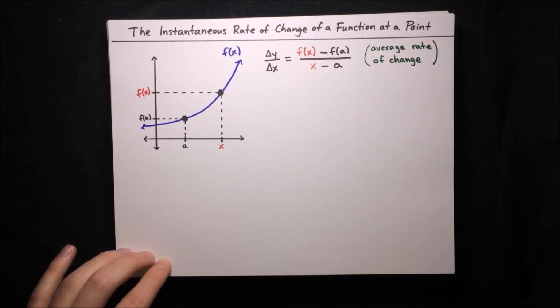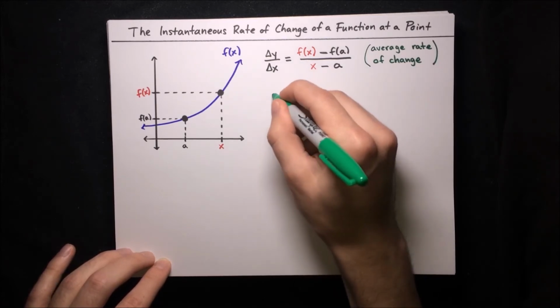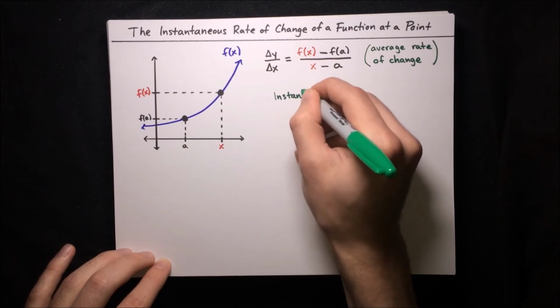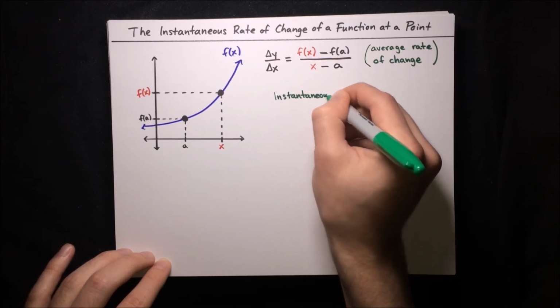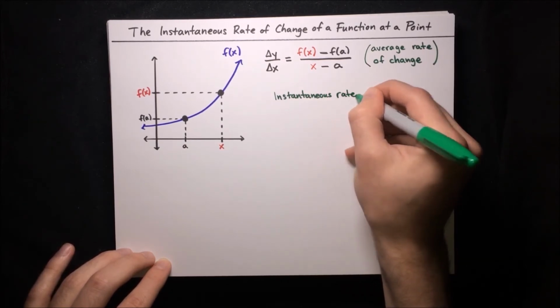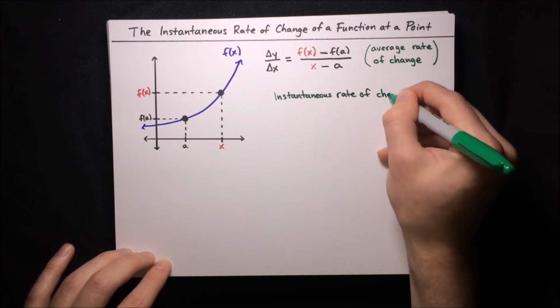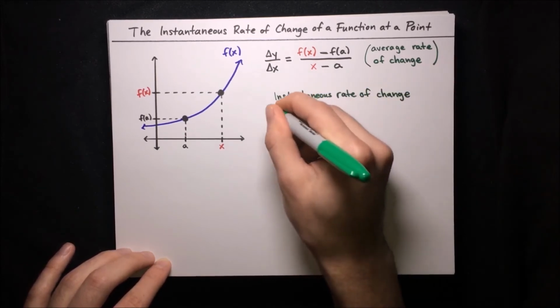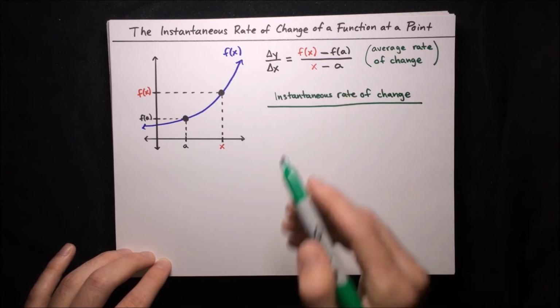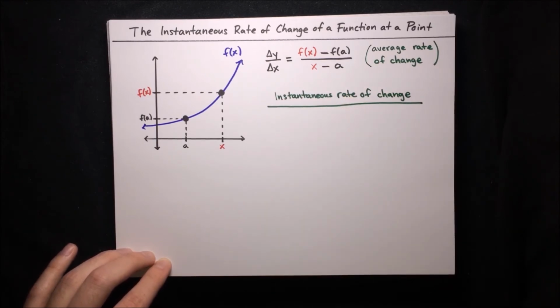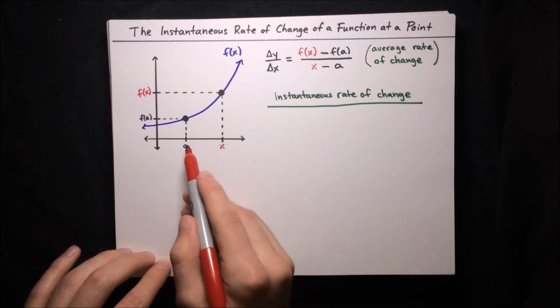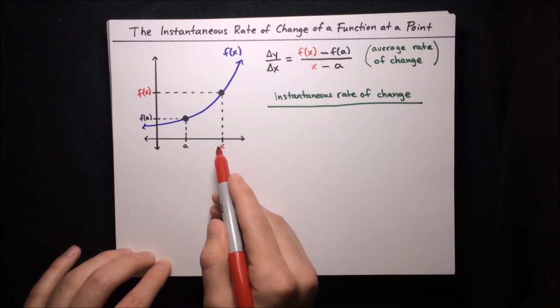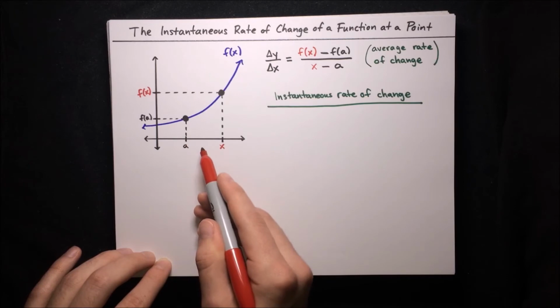We can also use this definition of average rate of change to construct an expression for instantaneous rate of change. So let's go ahead and do that. Instantaneous rate of change. How do we compute that using this expression for average rate of change? Well, it's going to be very similar to what we did last time. Last time we said that the length of the interval, which was h, needed to approach 0. The interval needed to get smaller and smaller.